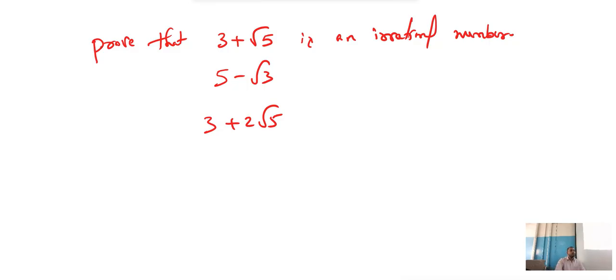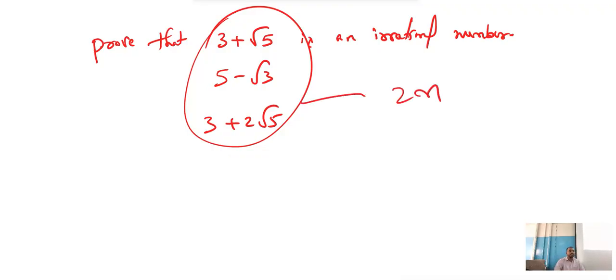Because we have very little time, we cannot go ahead with each and every topic. But I'm showing you what is important and expected for the upcoming exam. So prove that 3 plus root 5, 5 minus root 3 or 3 plus 2 root 5. In such a way you can get any question. If this type of question comes, it carries 2 marks.